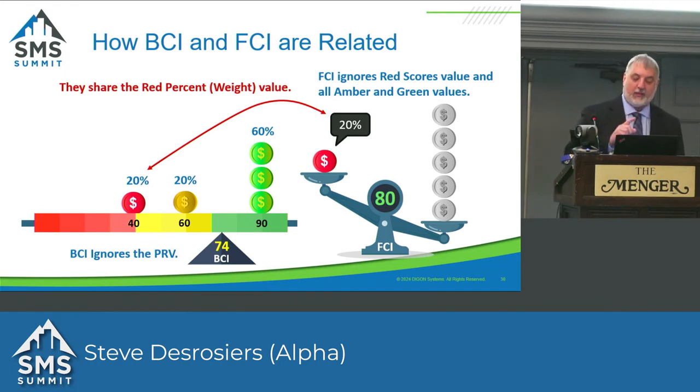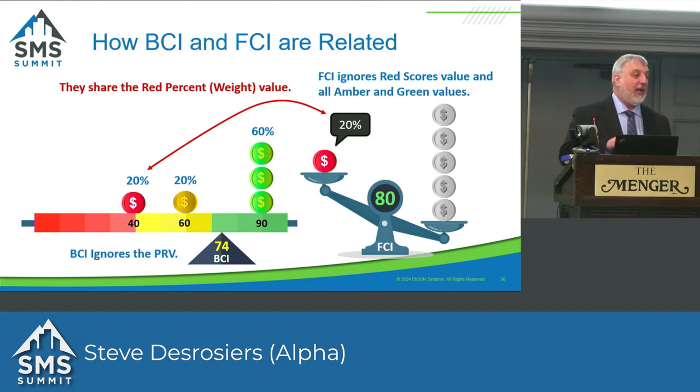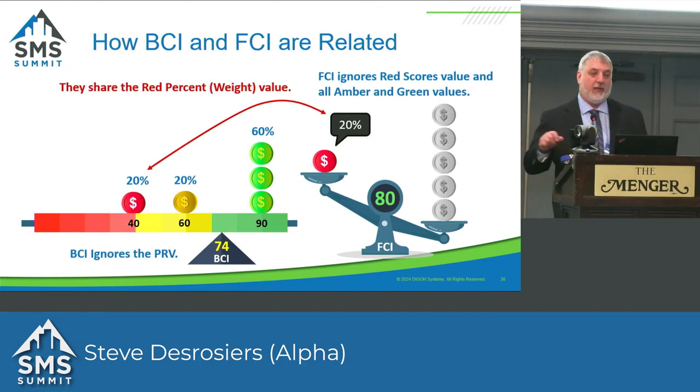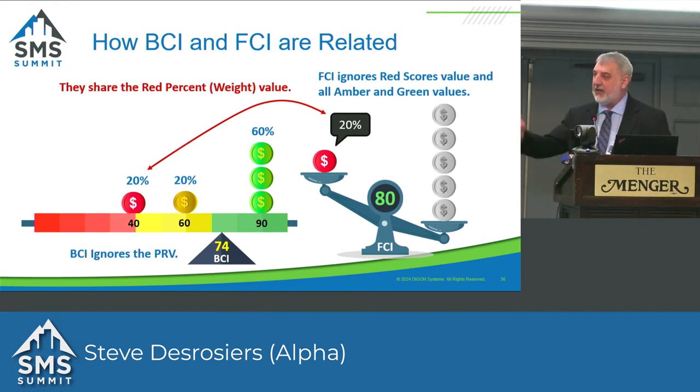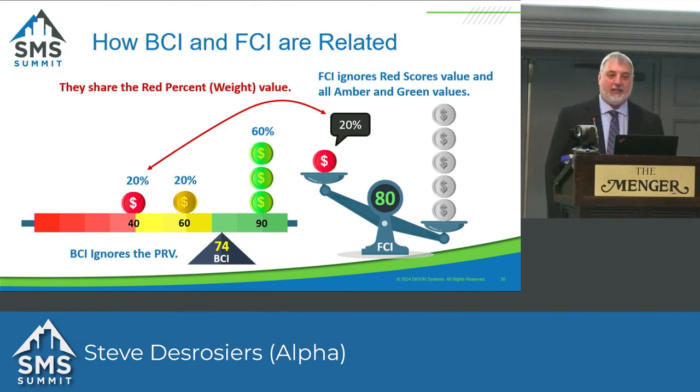Now, one more thing to talk about: FCI is set on September 30th of the fiscal year. So when you see an FCI value, it is as of that date. One of the things about BCI is every time you do a roll-up, it calculates a BCI. So if you go in there tomorrow, you might get a different BCI.